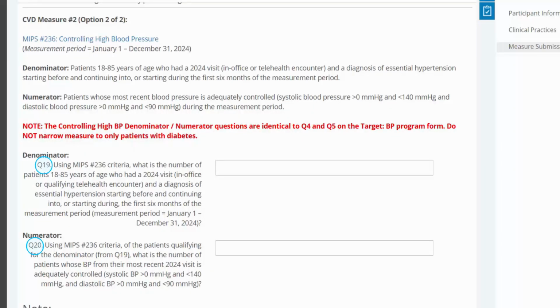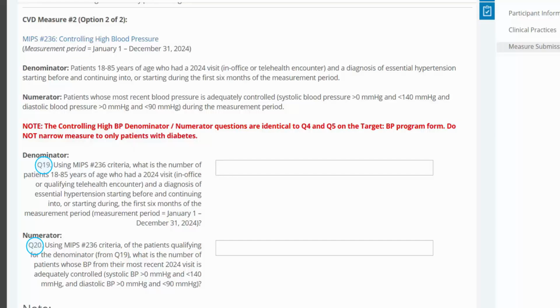Questions 19 and 20 are the denominator and numerator of the MIPS 236 measure. This measure asks for patients 18 through 85 years of age who had a 2024 visit and a diagnosis of essential hypertension starting before and continuing into or starting during the first 6 months of the measurement period.